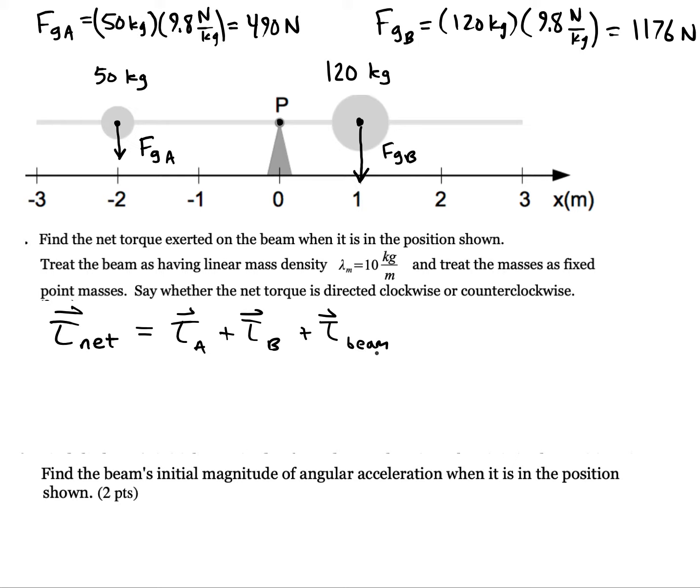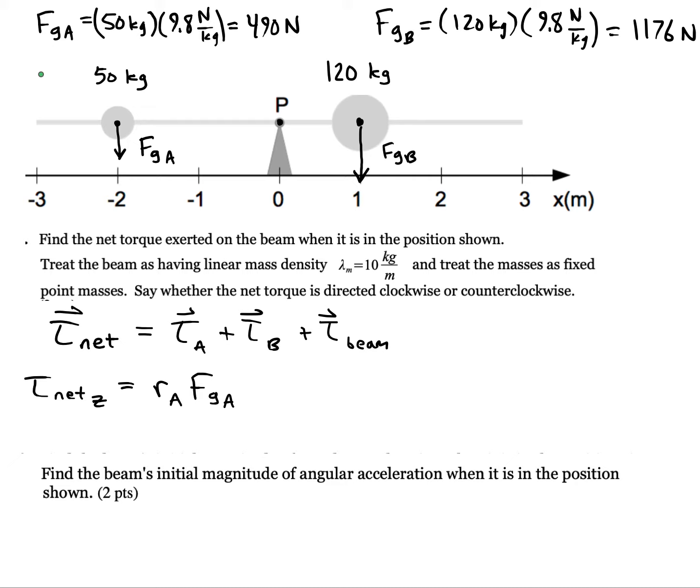Alright, so how do we find these exactly? Well, it's a problem that's two-dimensional. So we can find the net torque with respect to the z-axis. That's into and out of the page. So for A, we'll have RA times the force at A. Okay, but we have to decide whether that's going to be positive or negative.